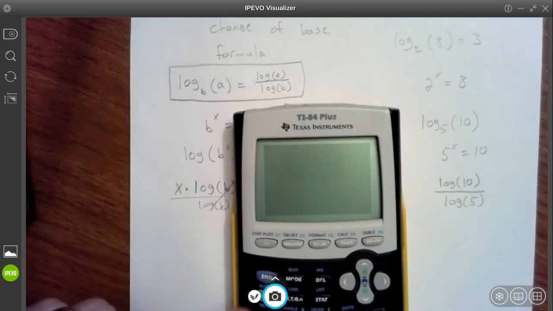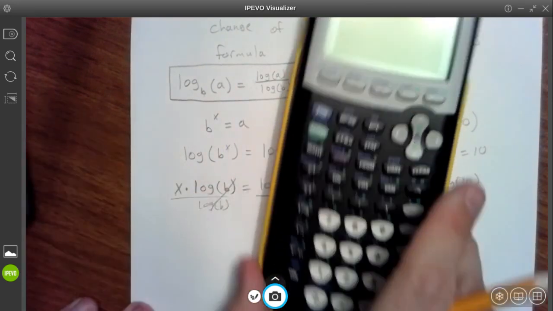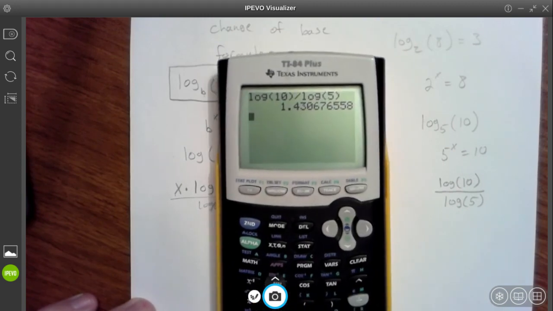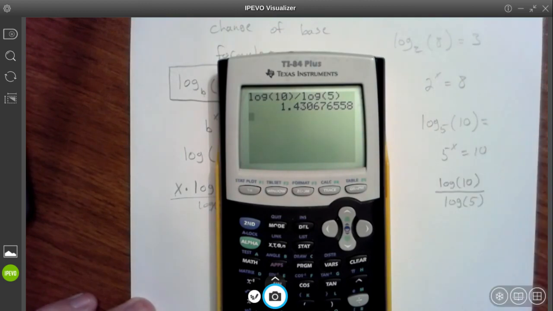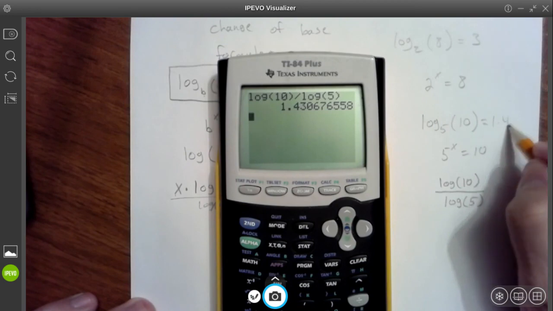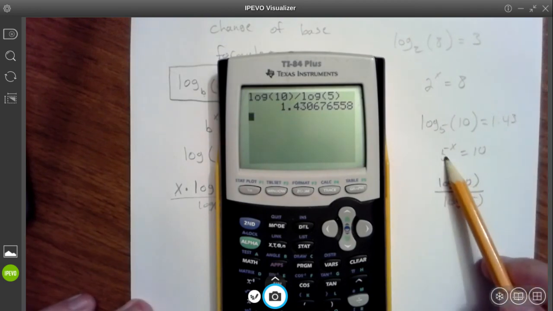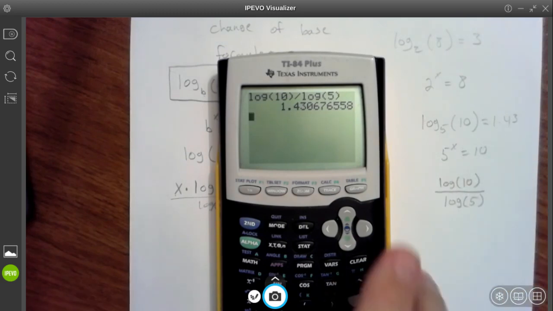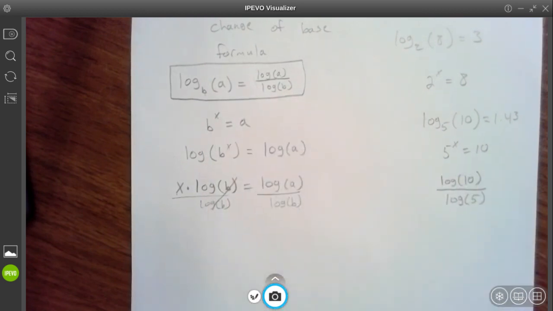And when I divide these two, my regular log button right down here, log 10 divided by log 5, I get 1.43, and that's what x is. So that's what log base 5 of 10 is. 1.43067. All right. So if you do 5 to this power, you're going to get 10. That's called the change of base formula. It's pretty handy when you're evaluating funky logarithms.